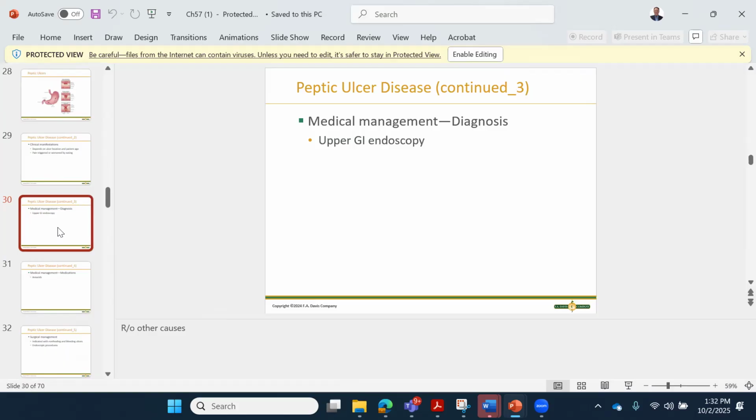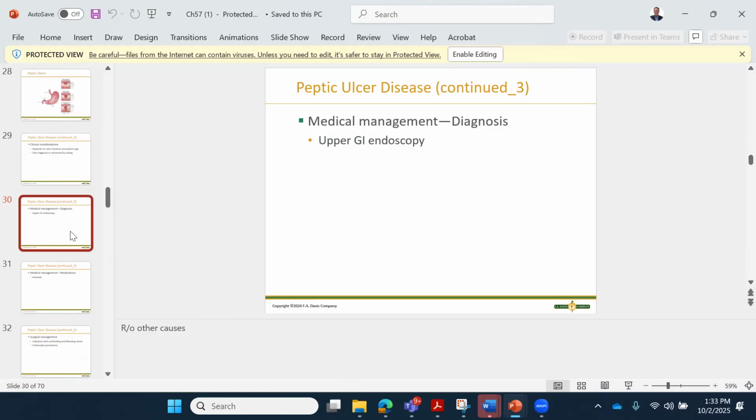It can be diagnostic in that cultures and samples are taken and visualization is done, but it can be therapeutic if there are treatments that can be done during the procedure, such as ablation of an area, such as an ulcer, or sometimes even stenting can take place, like in the setting of a severe esophageal stricture, things like that.